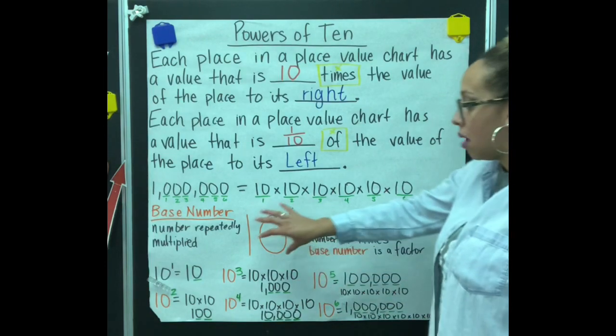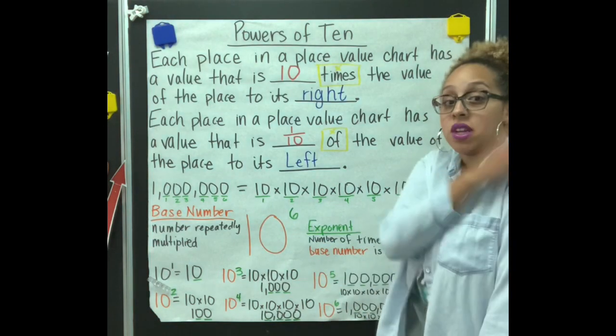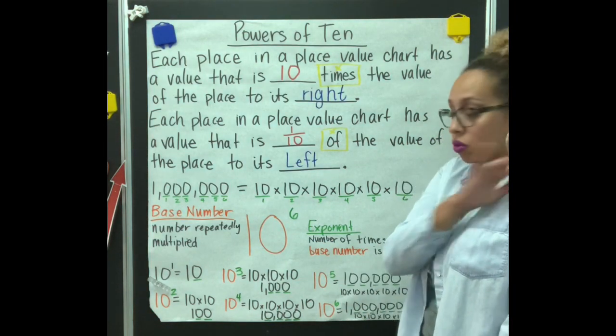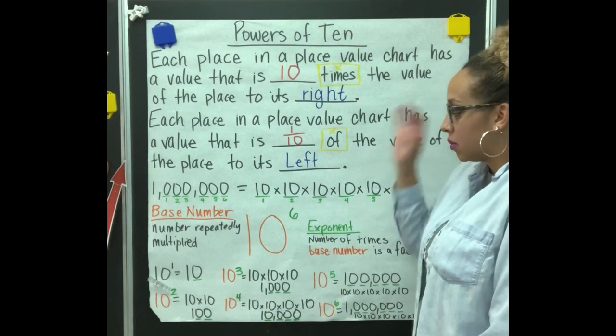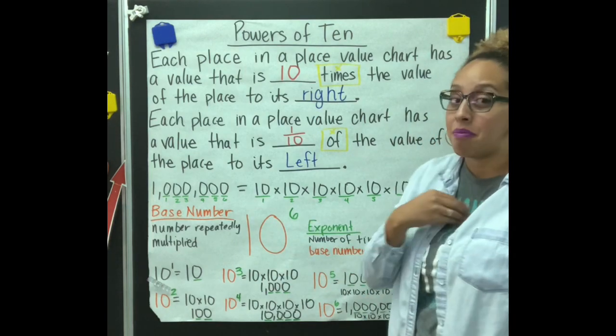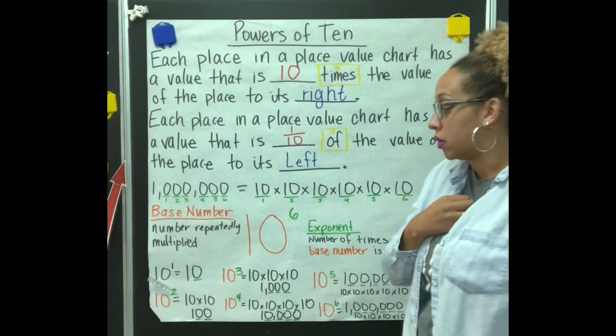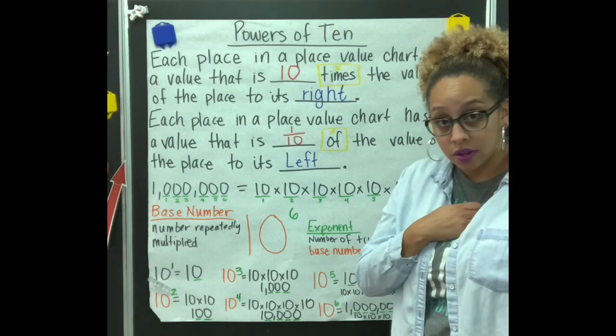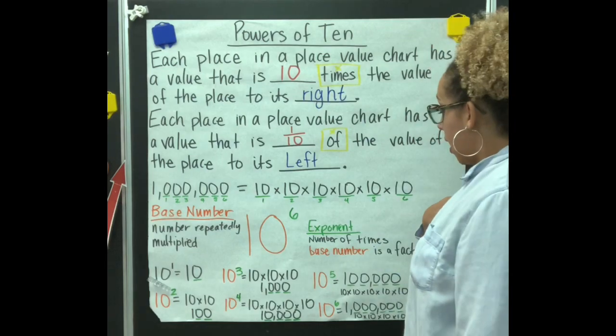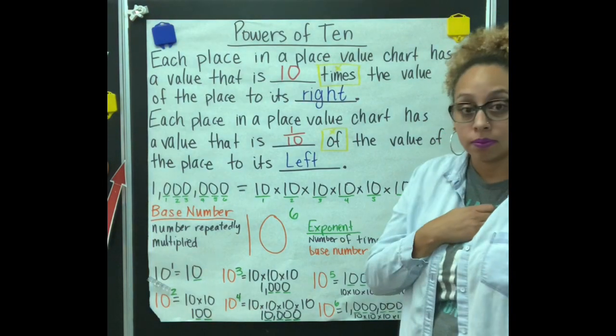When we see a base number with a number on its shoulder, it means that we take this base number and we multiply it by itself that many times. When you come back, you're going to need your whiteboard and your marker, okay?